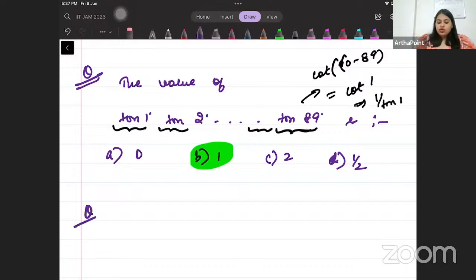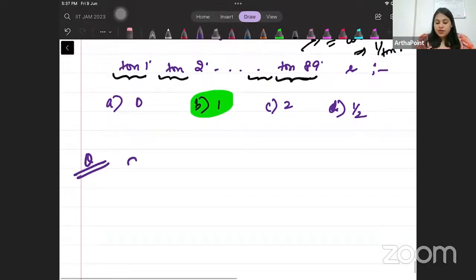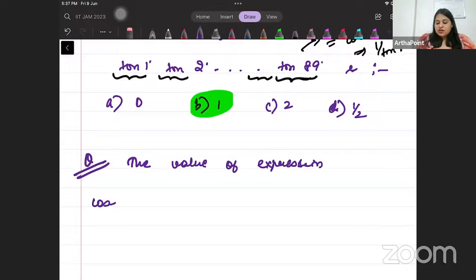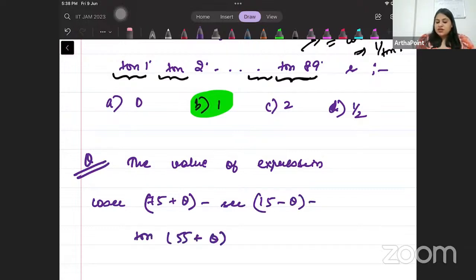Okay, one more question that I want you to try. The value of expression cosec 75 plus theta minus sec 15 minus theta minus tan 55 plus theta plus cot 35 minus theta is.